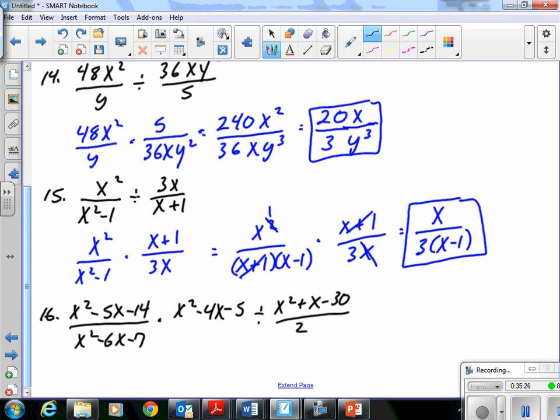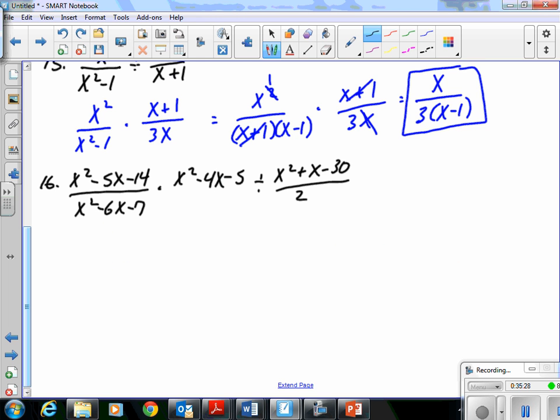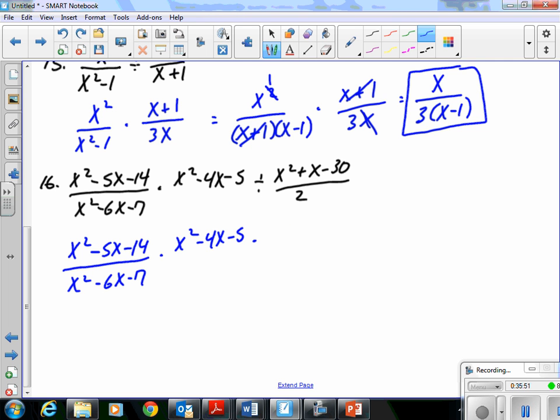All right, so we got a lot of stuff that we can factor. We've also got a division there, so first step is rewrite it so that we get rid of the division and turn it into multiplication. So x squared minus 5x minus 14 over x squared minus 6x minus 7 times x squared minus 4x minus 5 times 2 over x squared plus x minus 30.